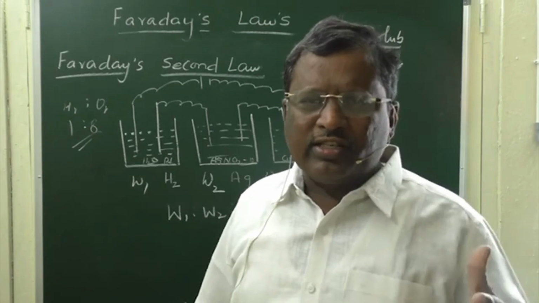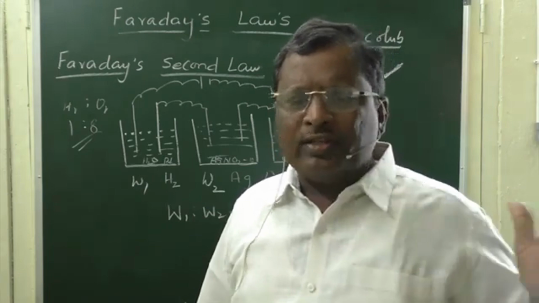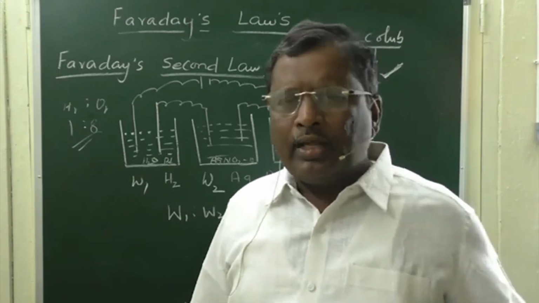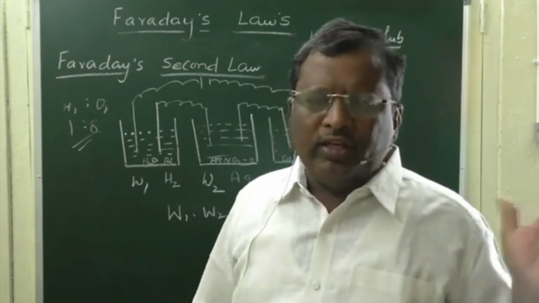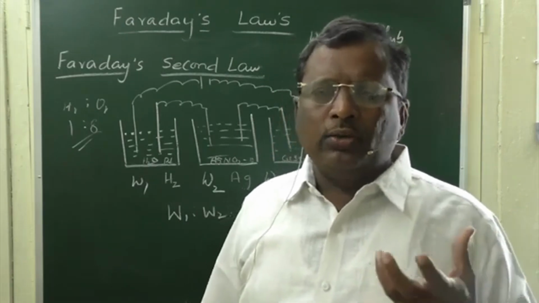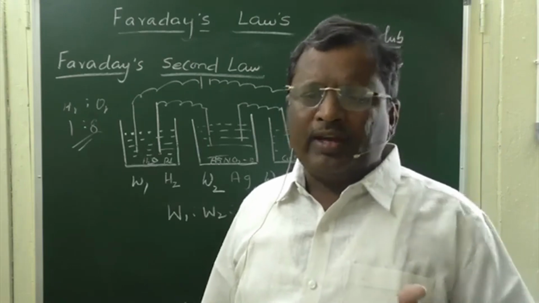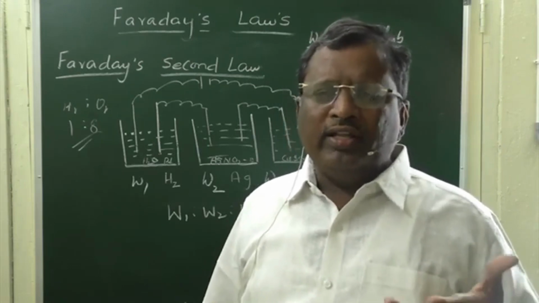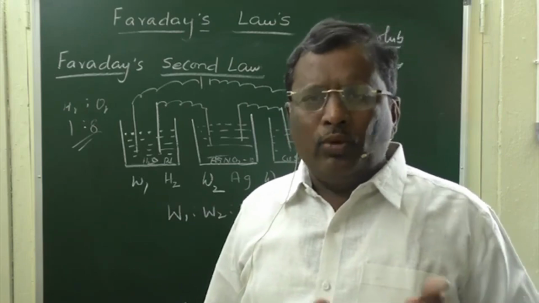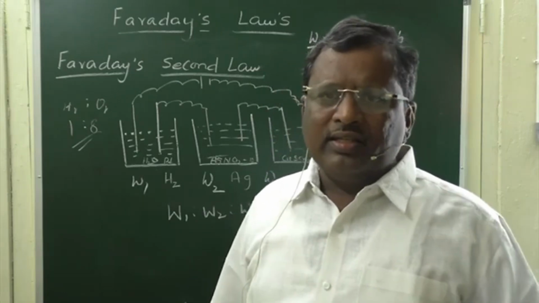I will further illustrate the second law to get the relationship between the weight of the substances and the other parameters involved in electrolysis, because that formula is most important to derive the relationship between the parameters involved in the electrolytic process. In most of the numerical problems, we need that formula. Let us discuss that formula.